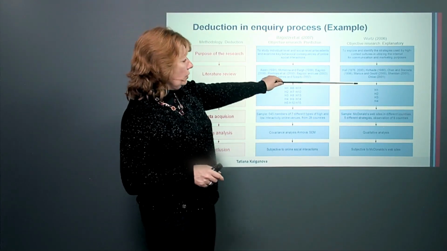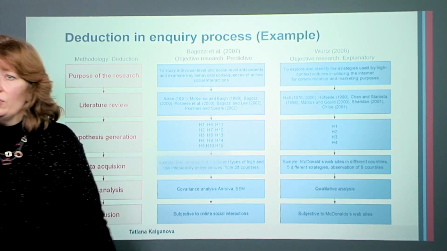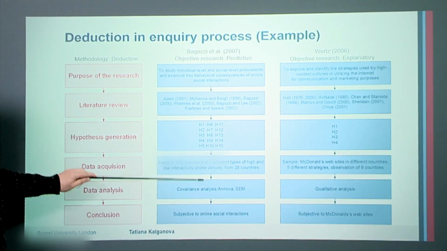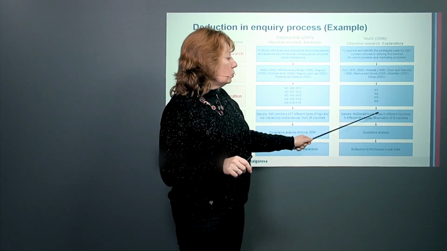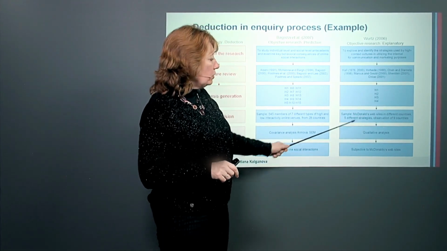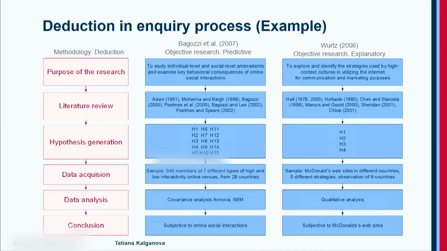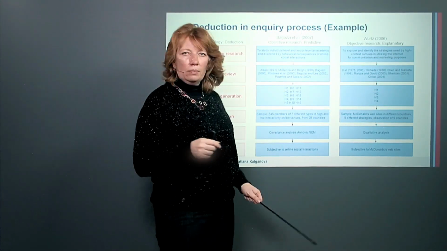As a result of the literature review, a research question has been generated and a number of hypotheses. In this particular case, 4 hypotheses have been defined. When we start to look at the data acquisition process, we concentrated on McDonald's websites in different countries, 5 different strategies, observation of 9 countries. When constructing the data acquisition process, we were trying to eliminate the main subjectivity elements regarding the McDonald's websites.